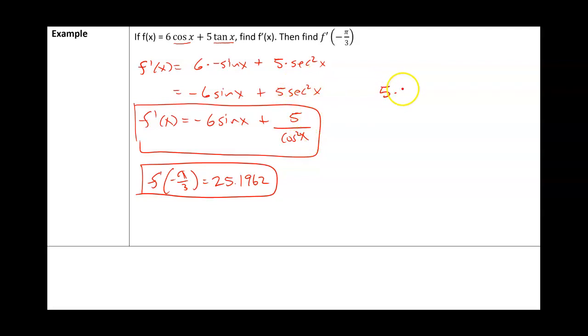So this becomes 5 times 1 over cos squared of x, which is going to equal 5 over cosine squared of x. So for adding and subtracting, when they're separate terms, we don't need to rewrite tan as sine over cosine. We can just take its derivative.